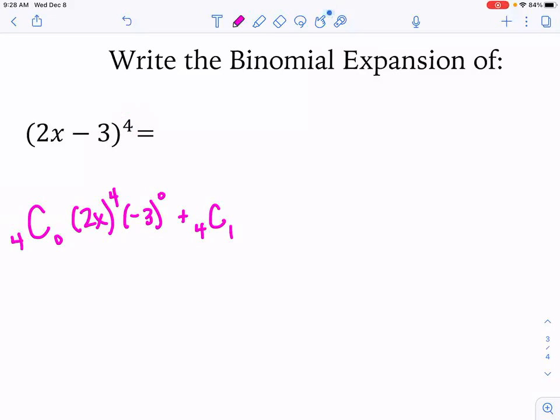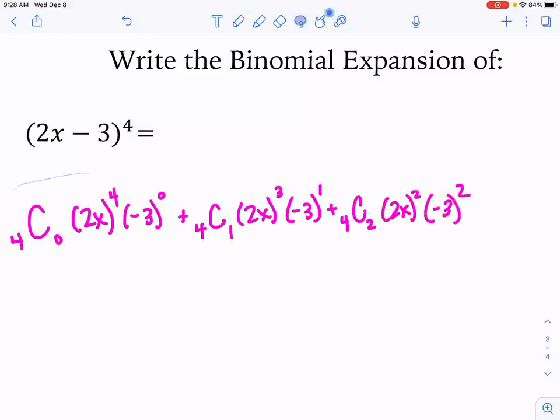So now it's 4 choose 1. Our first term is going to decrease a power and our second term is going to increase a power. Keep going. Then we have 4 combinations of 2. 2x is now to the second, -3 is now to the second.